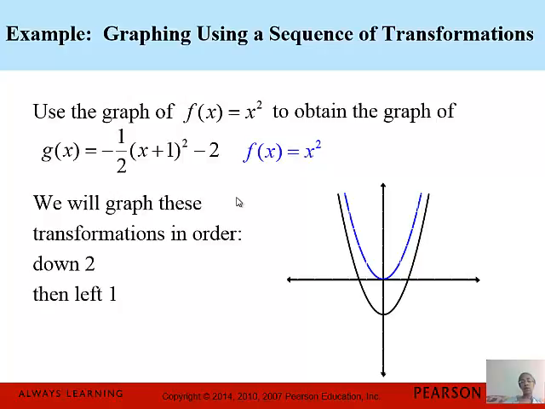Now the 1 in this parenthesis, where I'm applying the square to x plus 1, is a translation to the left. So I'm actually moving 1 unit left. So now let's take this black curve and let's move it 1 unit left.